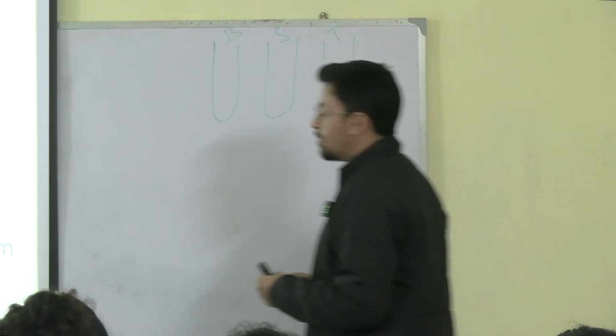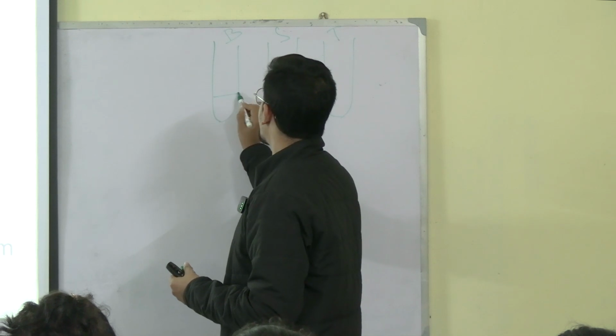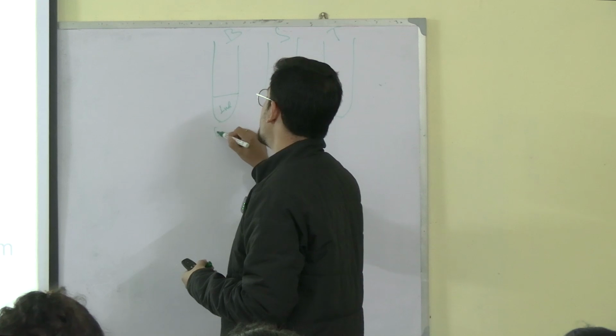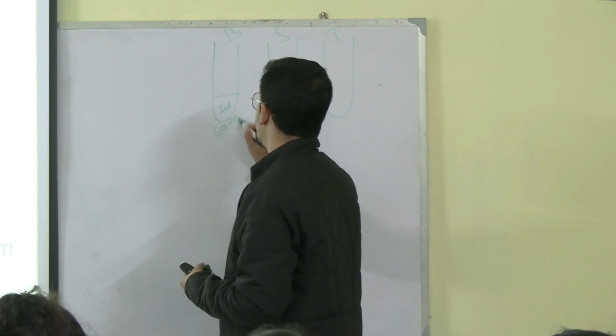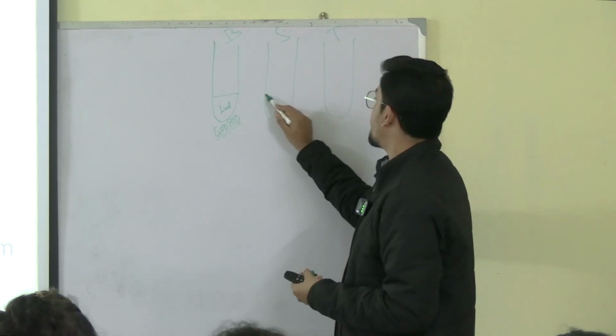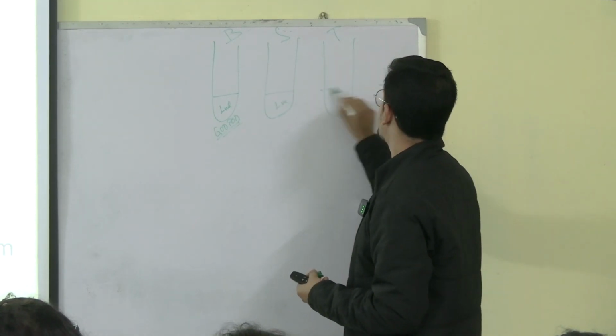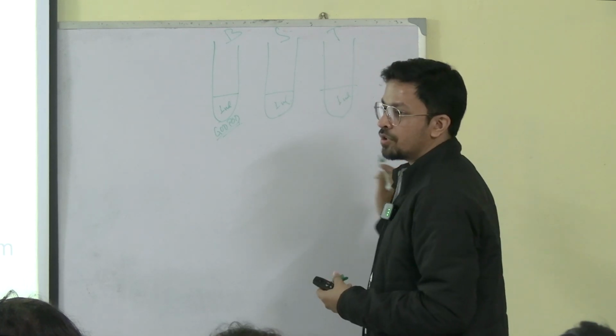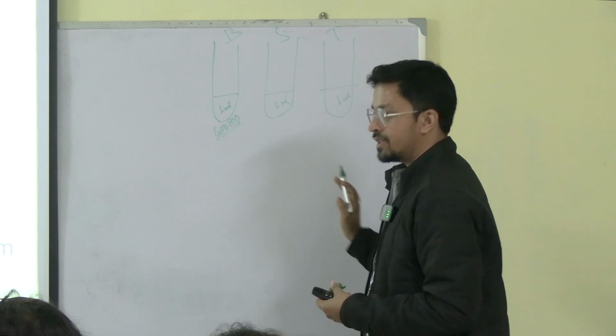In blank, what will we take? We will take around 1 milliliter of enzyme reagent, also known as the GOD-POD reagent. Over here also 1 ml, over here also 1 ml. We took 1 ml of enzyme reagent in 3 test tubes.